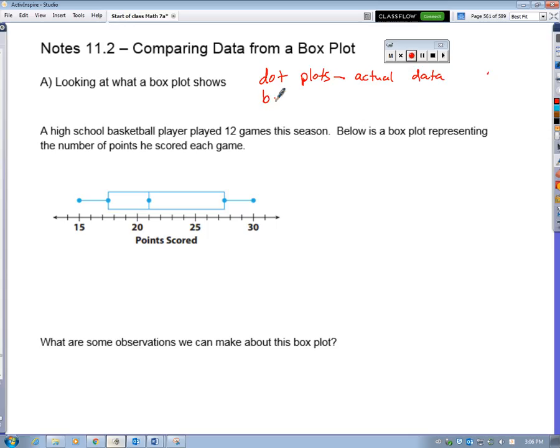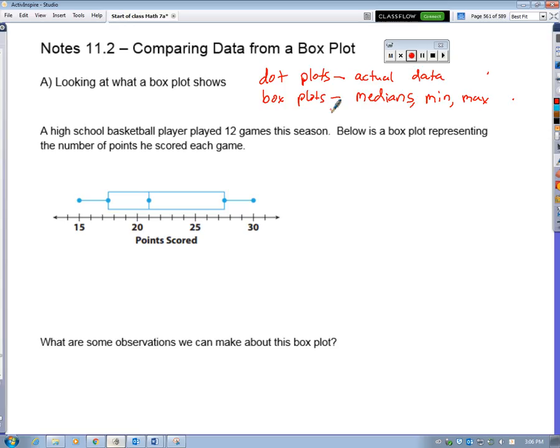Box plots show medians, a minimum, and a maximum. So on a box plot, we don't get to see what the data actually is. It's just a calculation of medians, a minimum, and a maximum. We get to see kind of what the data looks like, but not what it actually is.